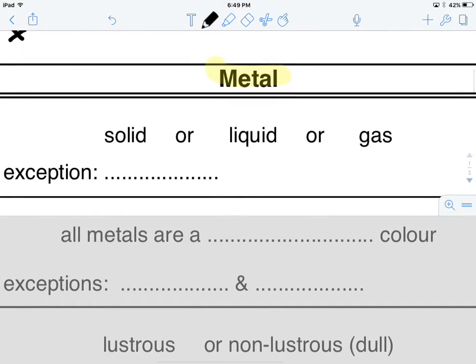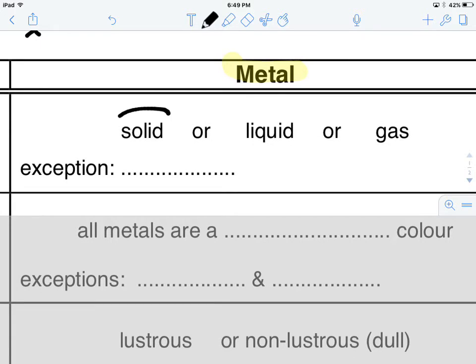So a metal is a solid. All of these metals on the periodic table are solid, so they're all in one state. There is one exception, the only metal that's a liquid at room temperature, and that is mercury, Hg.